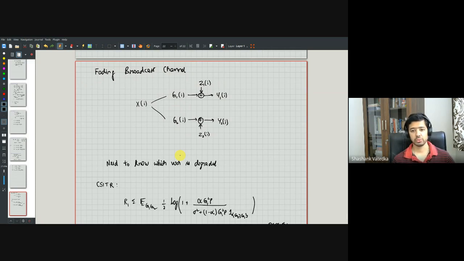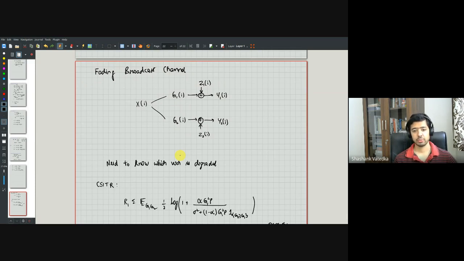The better user can decode both the cloud center and the satellite code word, but the worse user, the user with the bad channel, can decode only the cloud center. But for that you need to know which user is degraded, because the encoder has to know which message is to be mapped to the cloud center and which message has to be mapped to the satellite code word.